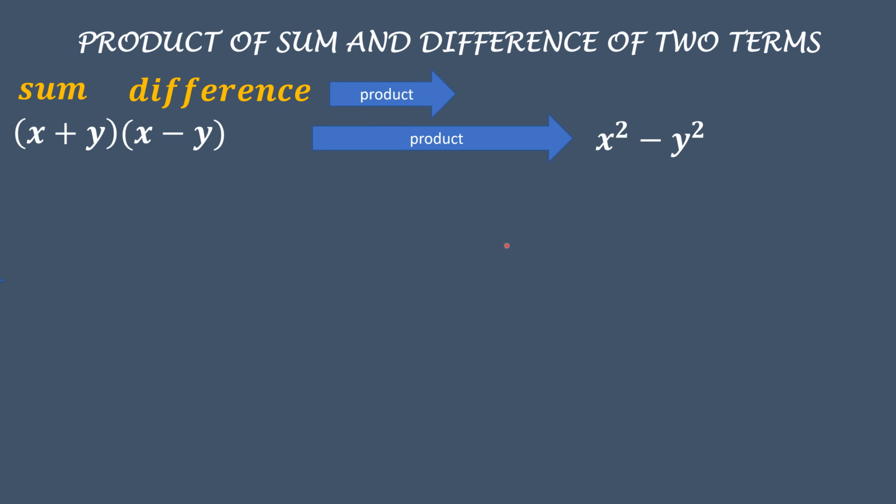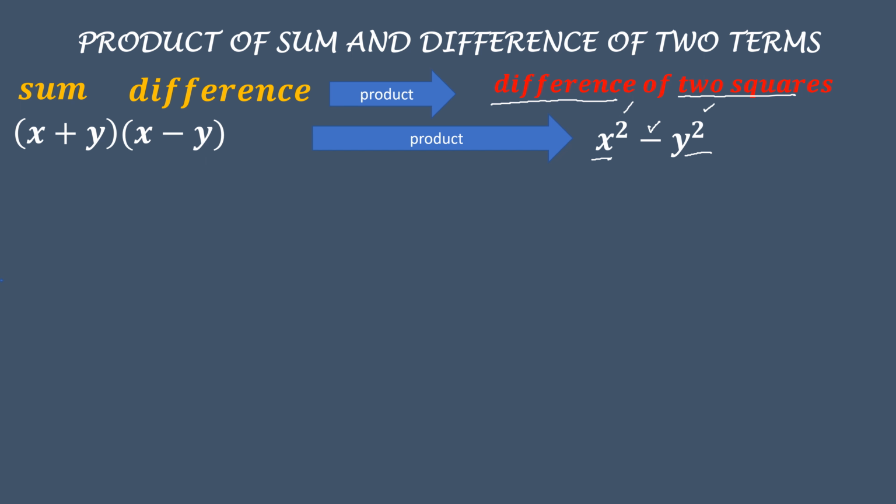Okay? The product of the sum and difference of two terms is what we call the difference of two squares. What do you mean by difference of two squares? When we say difference, we have a minus of two squares. Where are the two squares? We have the first square and the second square.